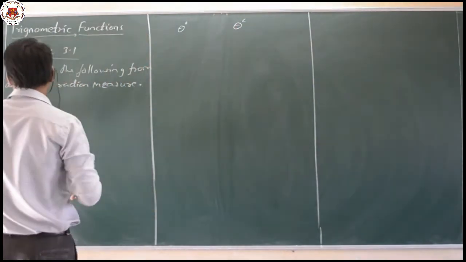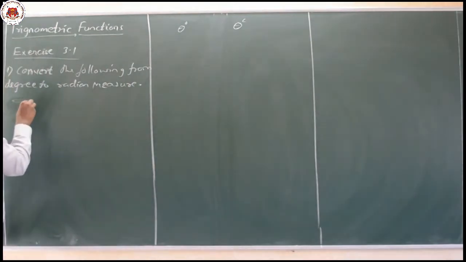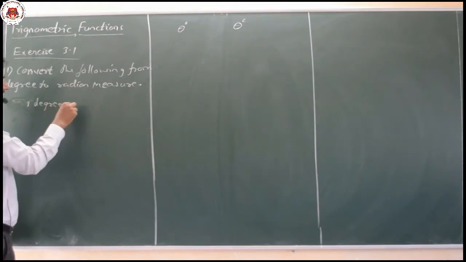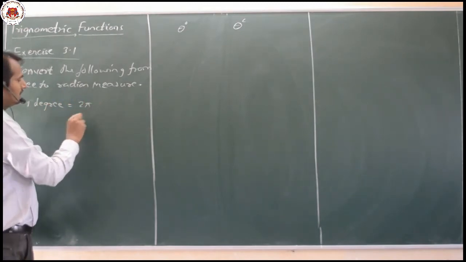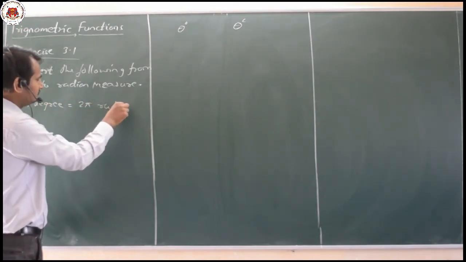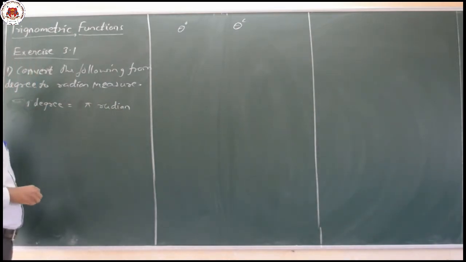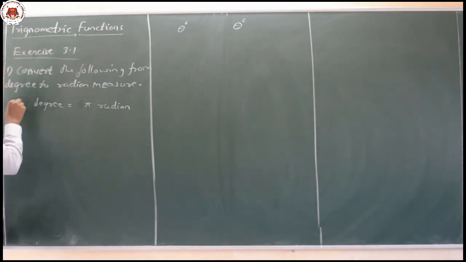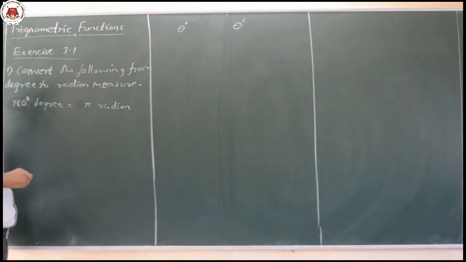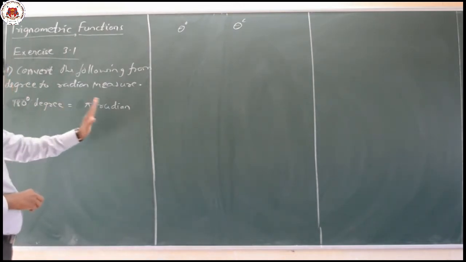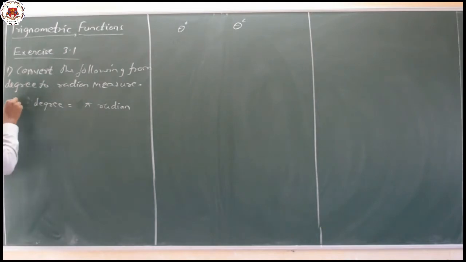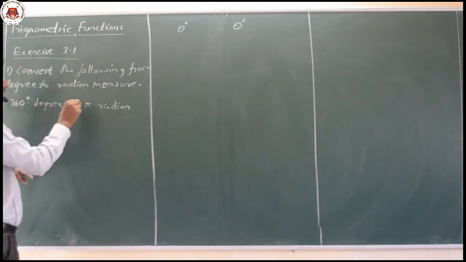The relation is very simple: 180 degrees is equal to pi radian, that is, 360 degrees is equal to 2 pi radian.